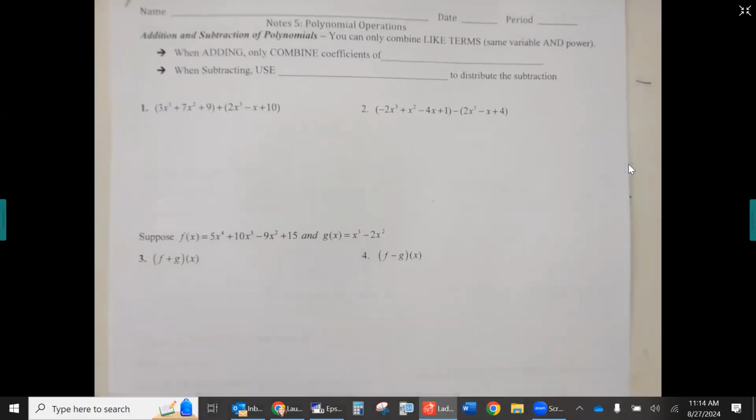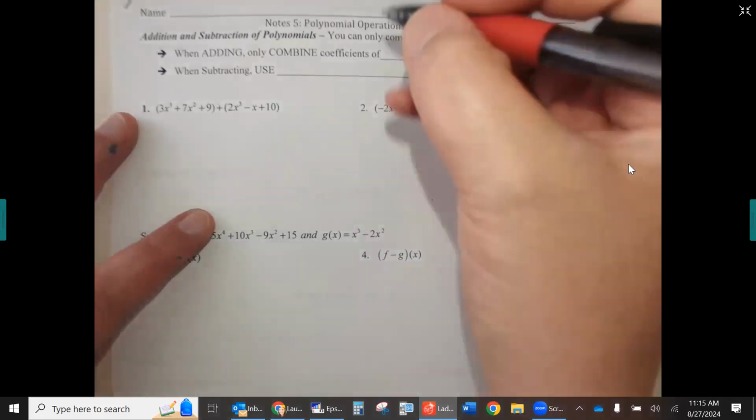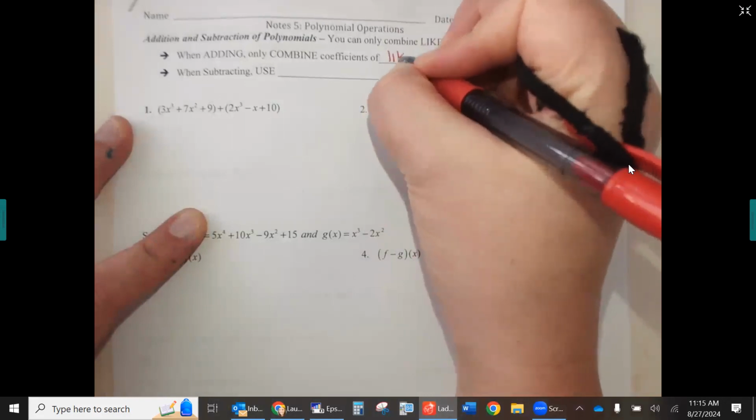Okay, are we ready? Let's put computers, just shut them for now. This shouldn't take us too long. When you are adding and subtracting, you can only combine coefficients of like terms.